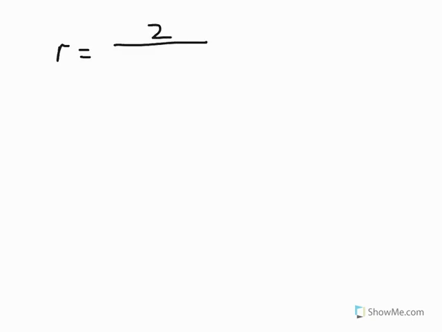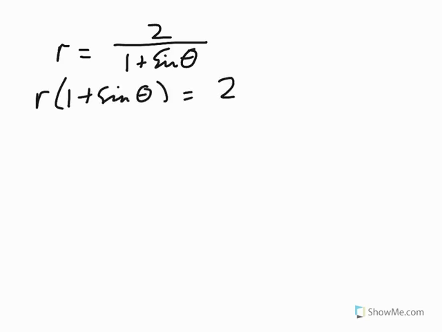r equals 2 over 1 plus sine theta. Okay, let's have a look then. Let's multiply both sides by 1 plus sine theta, get it over there, expand that bracket, r plus r sine theta equals 2.